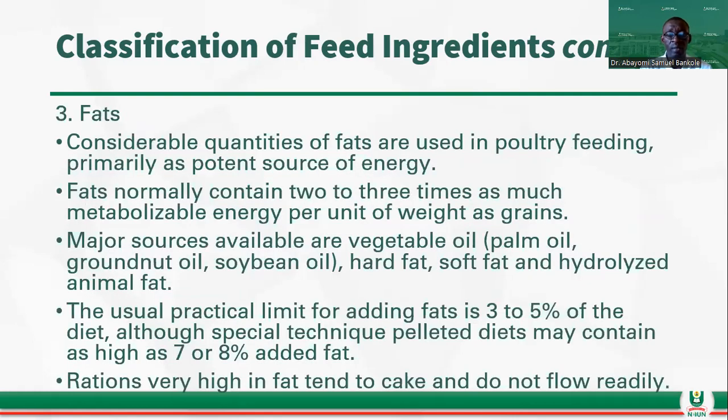Now, another classification is fats. Considerable quantity of fat is used in poultry feeding, primarily as a potent source of energy as well, just like we use carbohydrates. Fats normally contain 2 or 3 times as much metabolizable energy per unit of weight as grains.